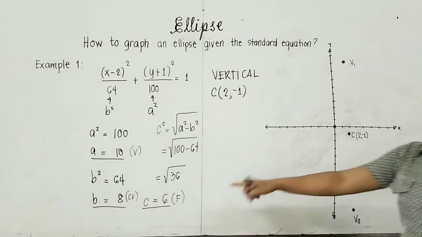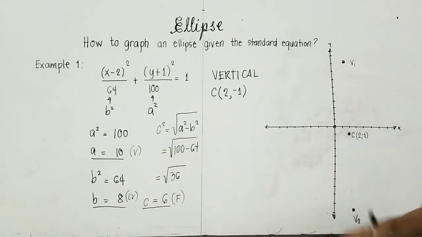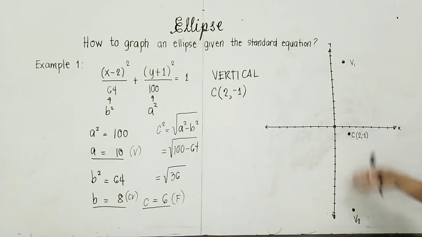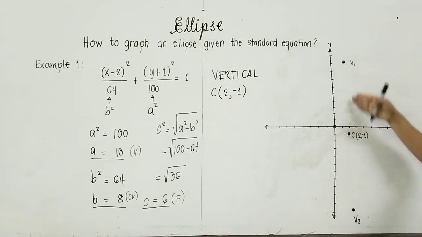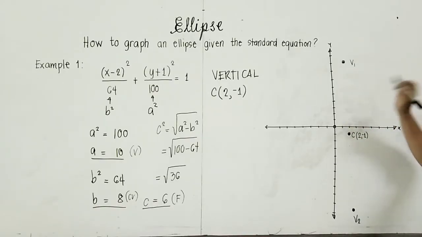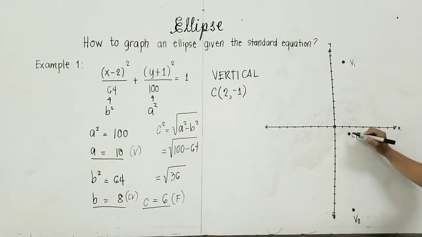For our focus, we will use the value of c, which is 6. Again, our focus is aligned to our vertex on the principal axis or the major axis. So this is our major axis, therefore our focus is somewhere here also. We will count 6 units upward and downward from the center.